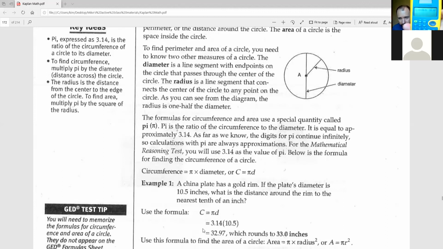I can't read backwards, right? 32.97. And if we round that to the nearest tenth of an inch, it rounds up all the way to 33 inches. So this particular plate, if it was 10.5 inches across, would have a circumference of 33 inches. Make sense? All right, let's look at area real quick, and then I'll have you try one.